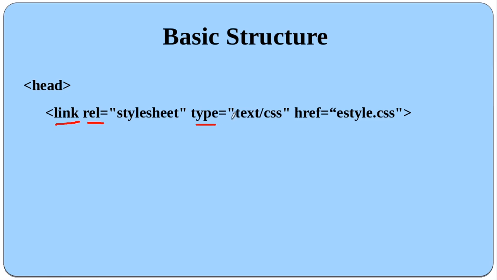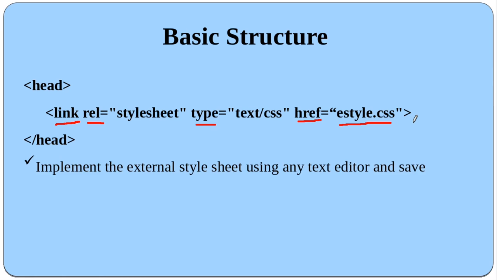Type attribute equals to text/css, which tells this contains CSS type. Href equals to estyle.css. So we use href attribute to link external style sheet file. Estyle.css is the external file we have implemented, and we are linking that file to a particular HTML document. Then head tag closed.